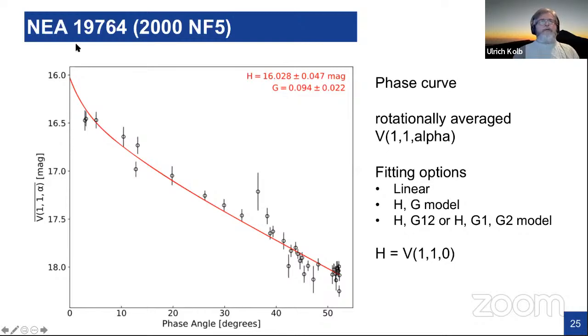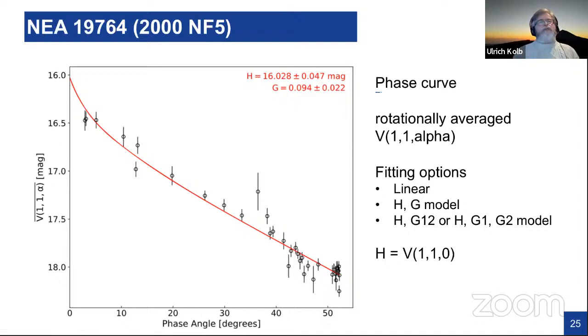These are for the same asteroid as just before, this time showing the V magnitude at 1, 1, so 1 AU from the Earth, 1 AU from the Sun, versus angle alpha for the same data set. And the angle is between 0 and 50. And there is this one semi-analytic fit.